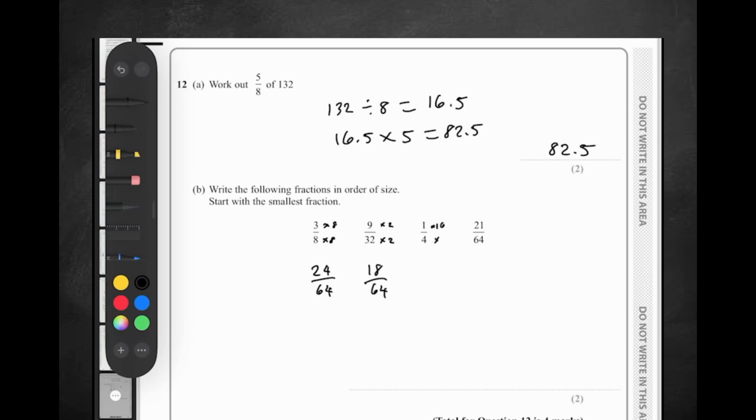This one by 16, 16 over 64, and this one is just left as it is. So the smallest fraction is going to be this one, 1/4, followed by this one, 9 over 32, followed by this one, 21 over 64, followed by this one, 3 over 8.